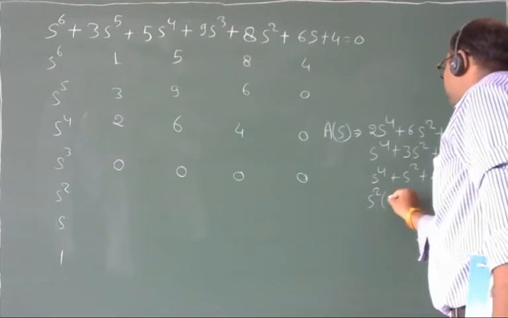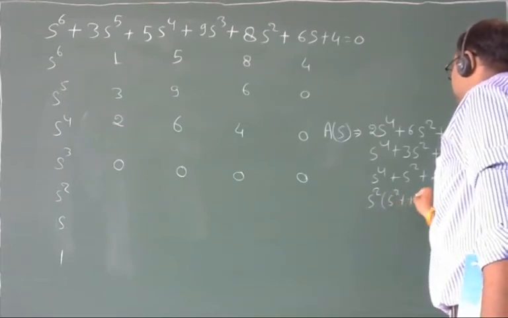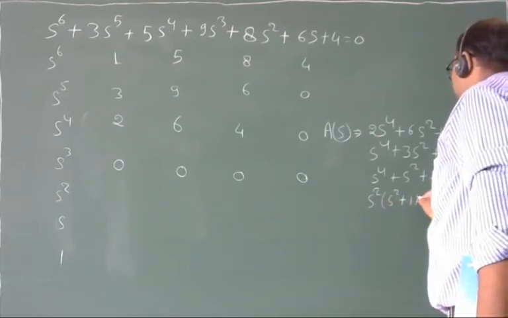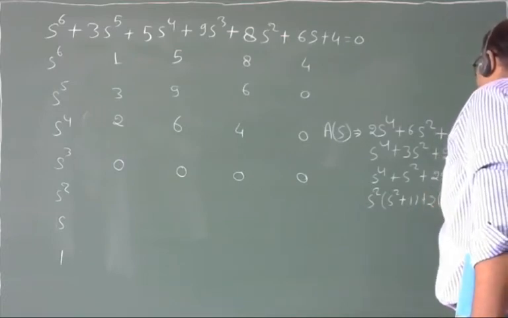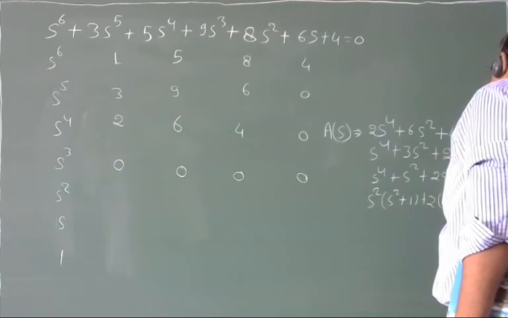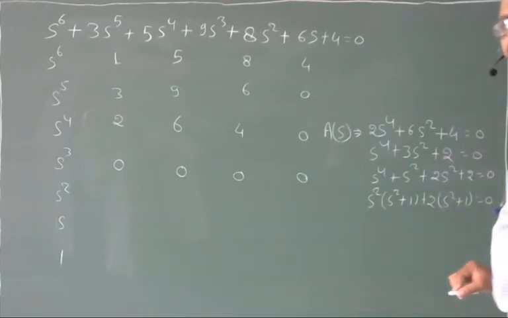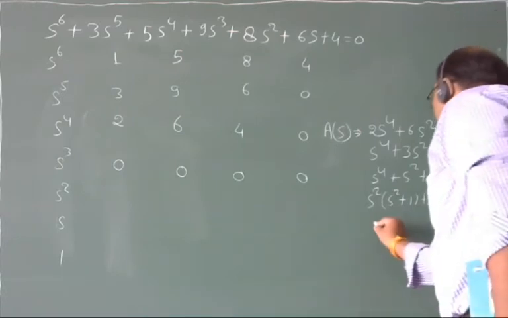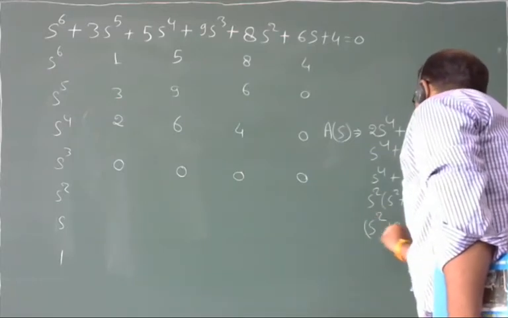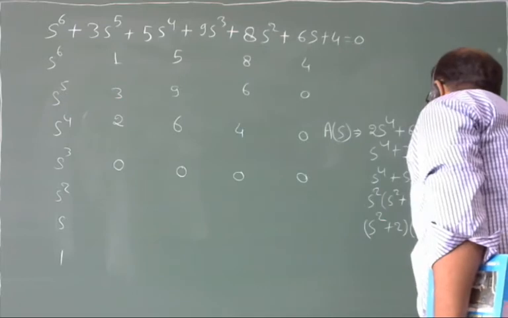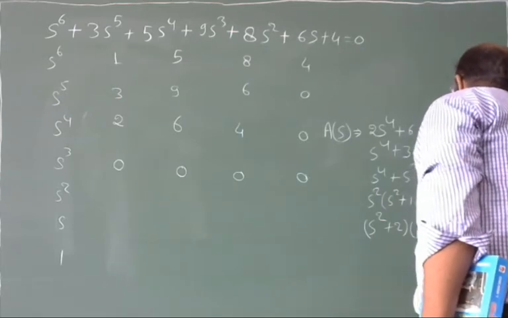taking s square common, s square plus 1, then plus taking 2 common, s square plus 1 is equal to 0. The factors are s square plus 2 and s square plus 1 equal to 0.